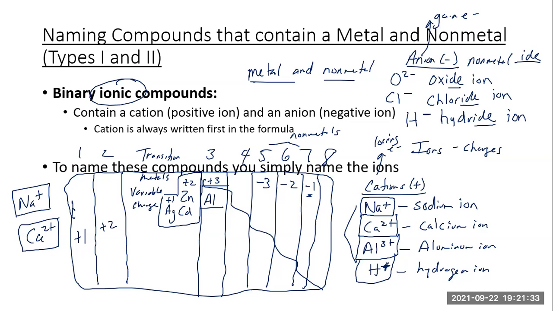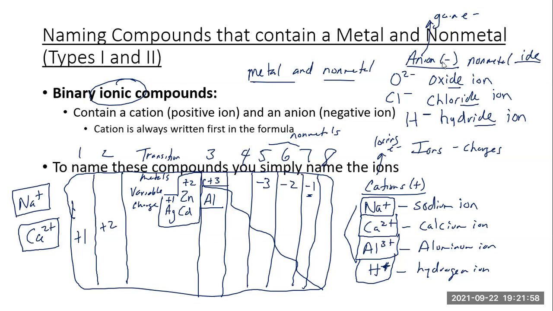We just use the whole name of the metal, or the whole name of the positive guy. So Na is sodium, and this would be the sodium ion. Ca is calcium, it's group 2, so it has a +2 charge, calcium ion. Al is aluminum, the aluminum ion. H plus is hydrogen, which would be the hydrogen ion.